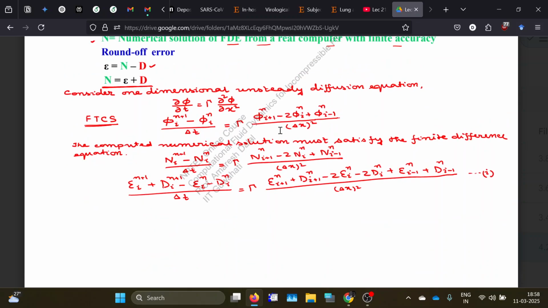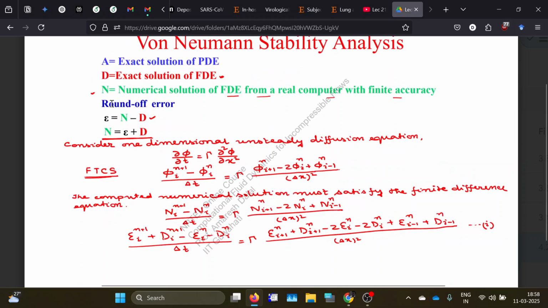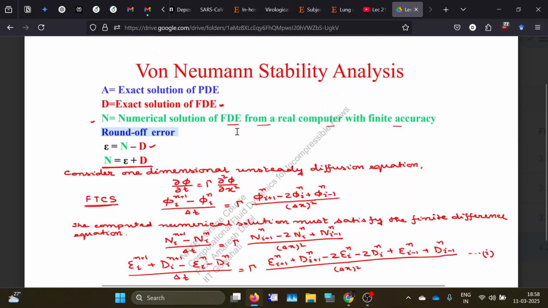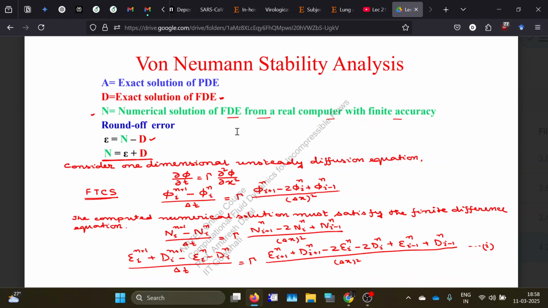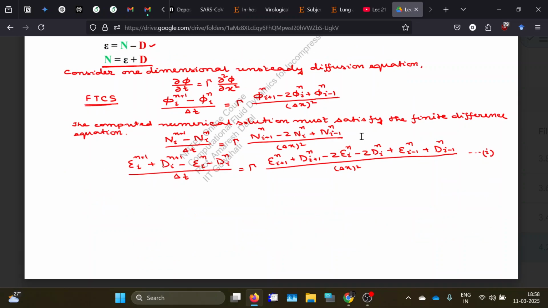It's better to use the round-off solution of FD. That's implicit when we define a, d, and n. Now I understand that we can put this equation and epsilon also, like if we subtract. Now you can move ahead.